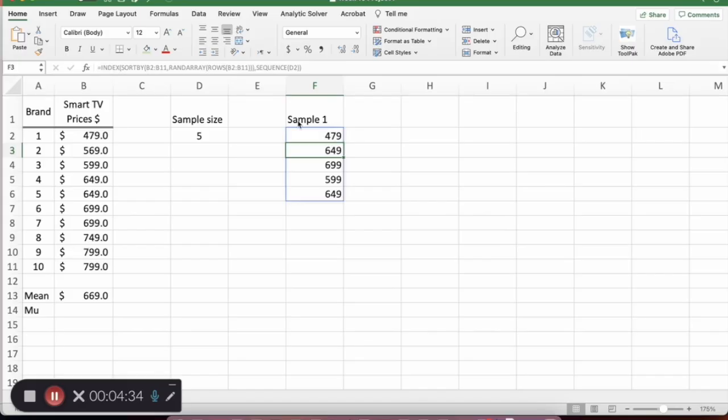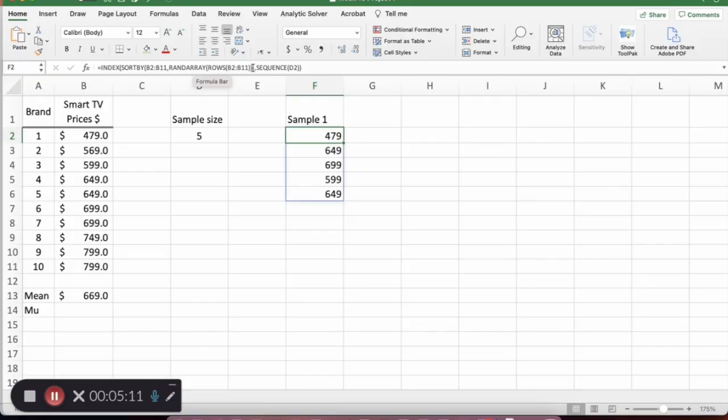If you look at the function RANDARRAY, it basically creates an array of random numbers. SORTBY sorts these numbers taken from the RANDARRAY, and INDEX retrieves the data we asked for.